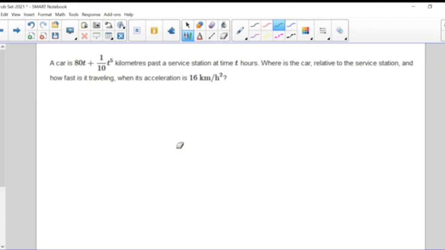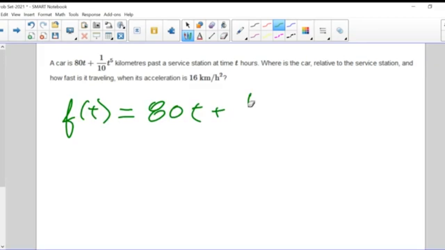So I just simply need to turn my position function into an acceleration function so I can find out when that is equal to 16. So I'm going to call this my, let's see, no, not h. Let's just say f of t. F of t is equal to 80t plus 1 over 10 t to the power of 5.